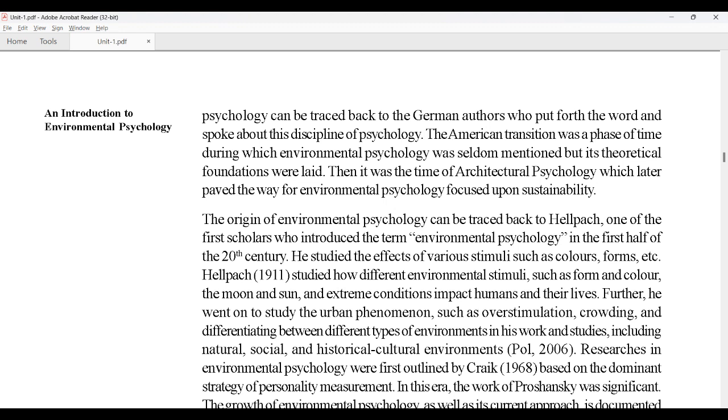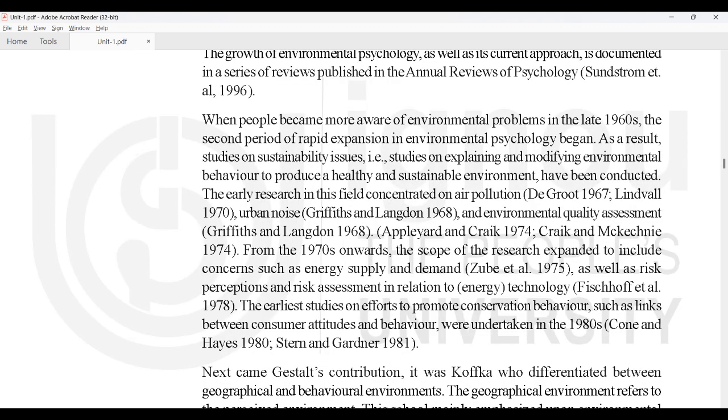Researches in environmental psychology were first outlined by Craik based on the dominant strategy of personality measurement. In this era, the work of Proshansky was significant. The growth of environmental psychology, as well as its current approach, is documented in a series of reviews published in the Annual Reviews of Psychology.